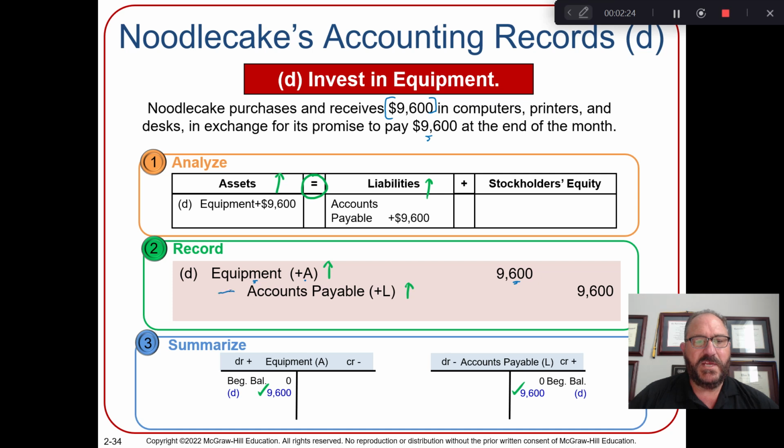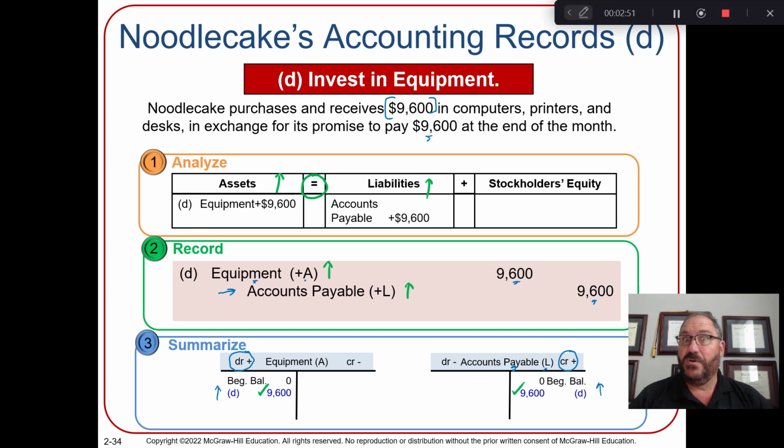Now we indent for our credit: accounts payable, because we're going to pay them at the end of the month. No formal written document. 9,600. It's a liability, so it increases with the credit. Accounts payable is increasing on this side. Equipment is an asset, and assets increase with the debit, so that's increasing on that side.